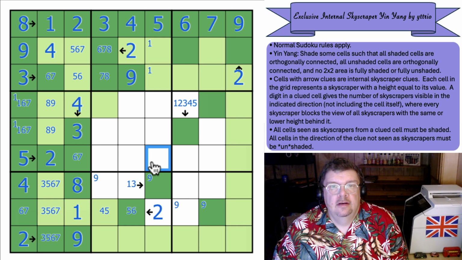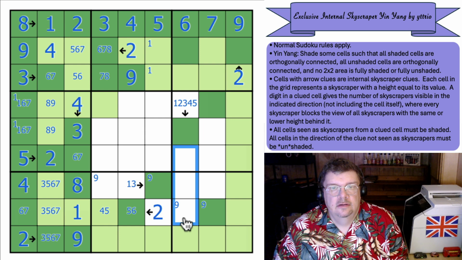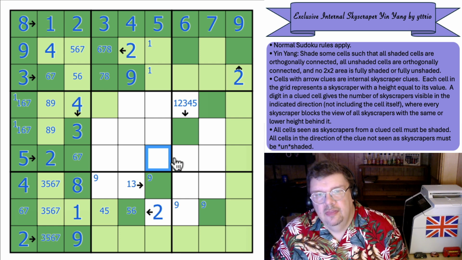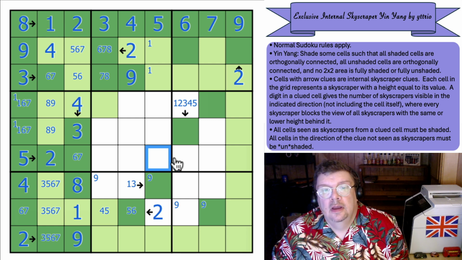That would then necessarily place the 9 here or here. If the 9 were here, that would be a 1, and all of that would be unshaded. Wait. Okay. If this were a 9, then that would be 6 and 7.